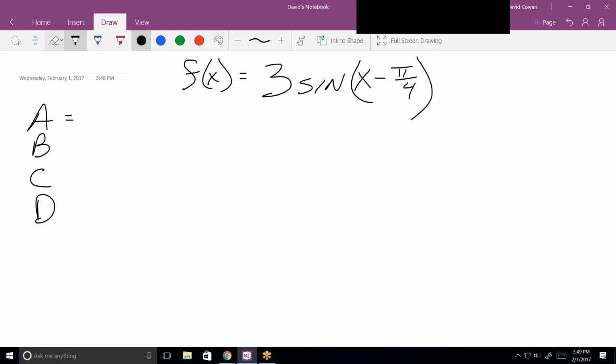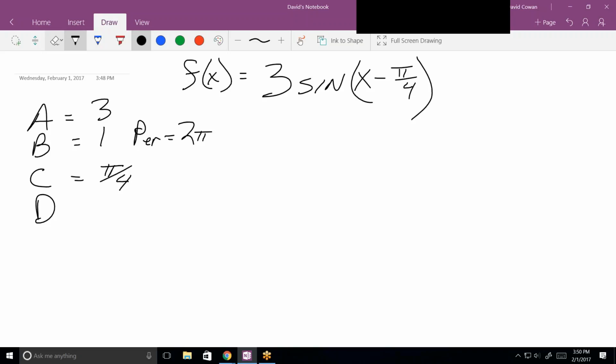A is what? 3. B is what? It's 1, so it'd be 2 pi by 1. Now we figure out the period. That means the period is 2 pi. C is what? C is negative pi over 4. Actually positive pi over 4.